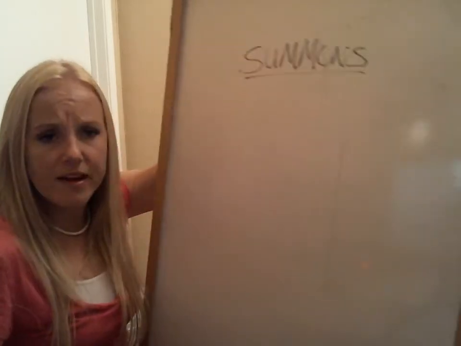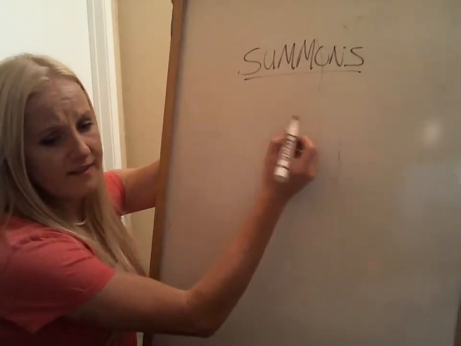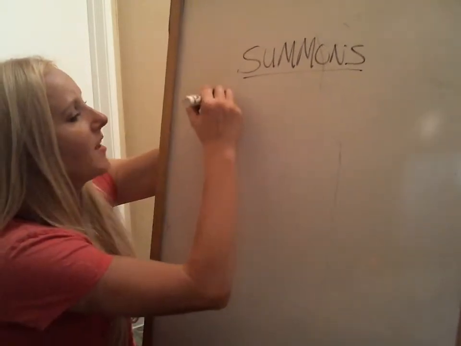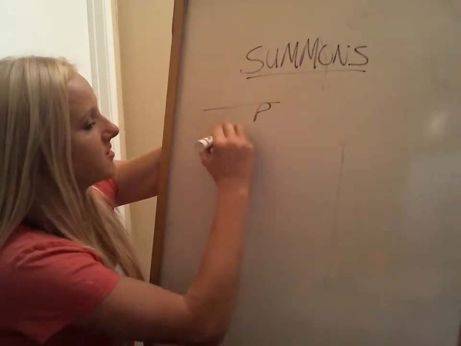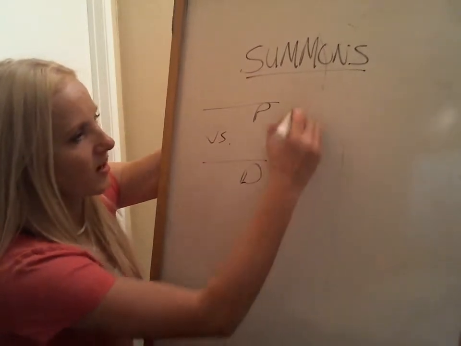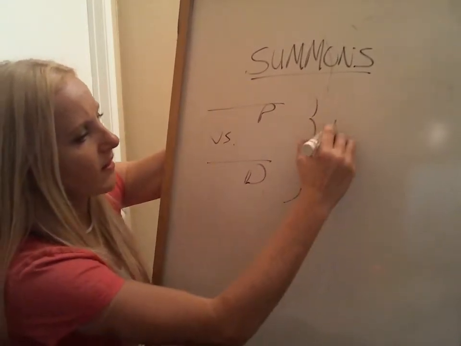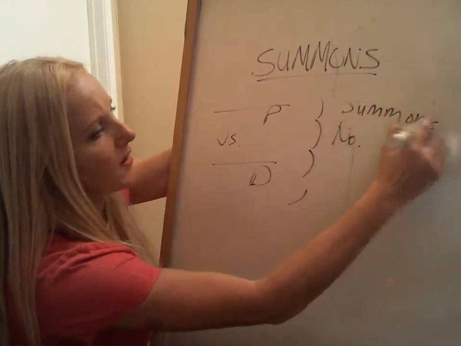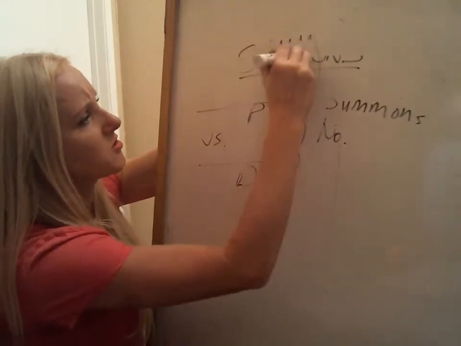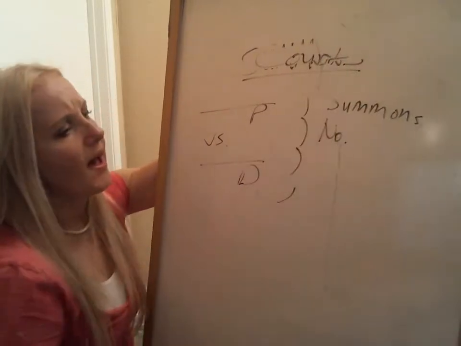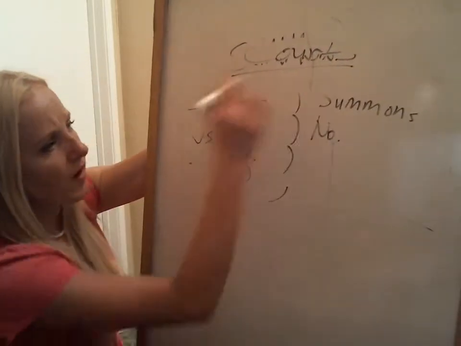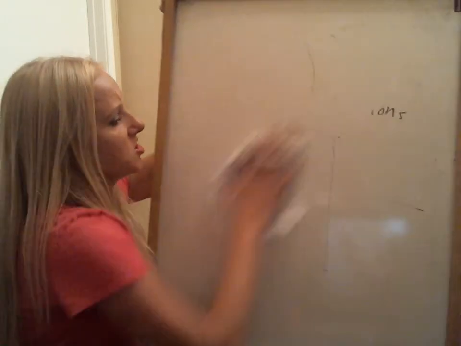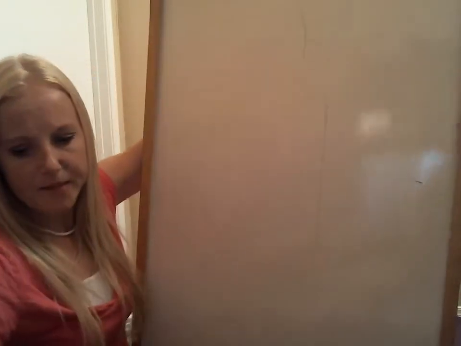And for this summons, you can either do it this way, where you have summons, or you can have it more like the caption, where we had the plaintiff versus the defendant written out, and then the case number here with summons at the top, and the court name would be up here. So it's your choice which format you like more. Either way, you can have a more formal or less formal one. This one is less rigid as it is the summons.